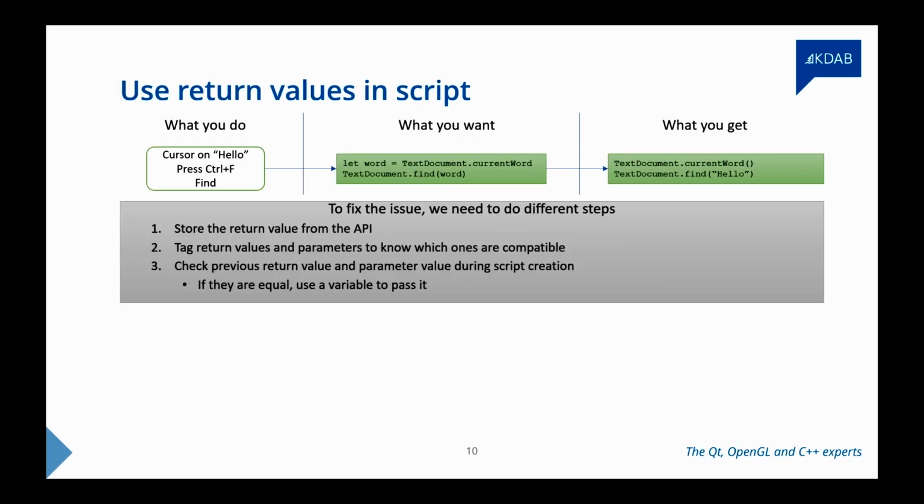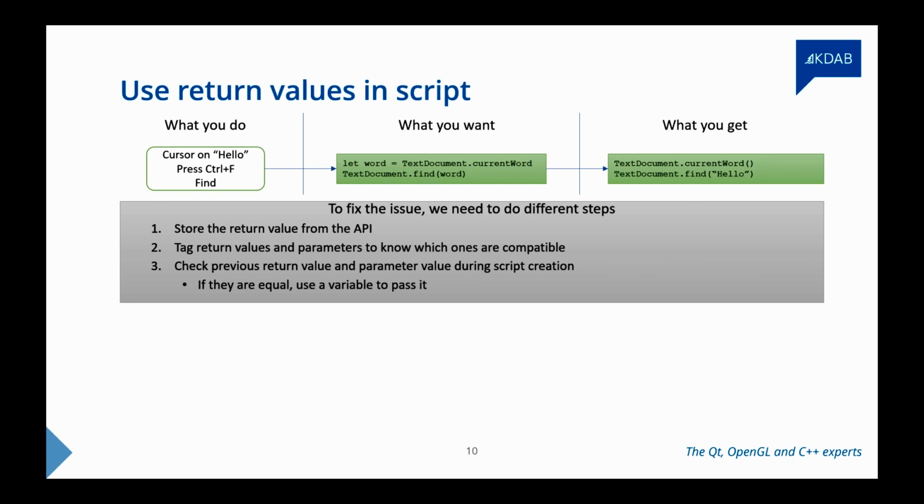So you need a way to get a result from an API and to use it in the next call or in a follow-up call. And the way to do that is actually to do 3 simple steps. The first one is to store the return value. So we are going to store the return value of current word.